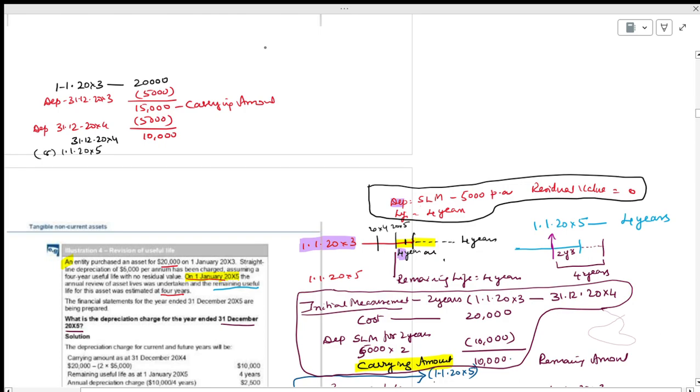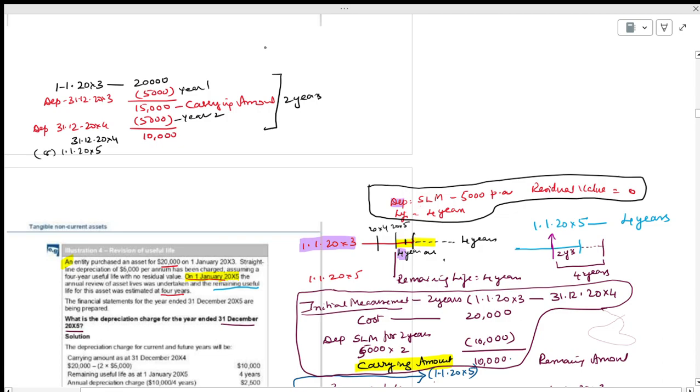You will agree with this? Yes, doctor. Now, here how many years have been over? 2 years have been over. This is year 1 and this is year 2.